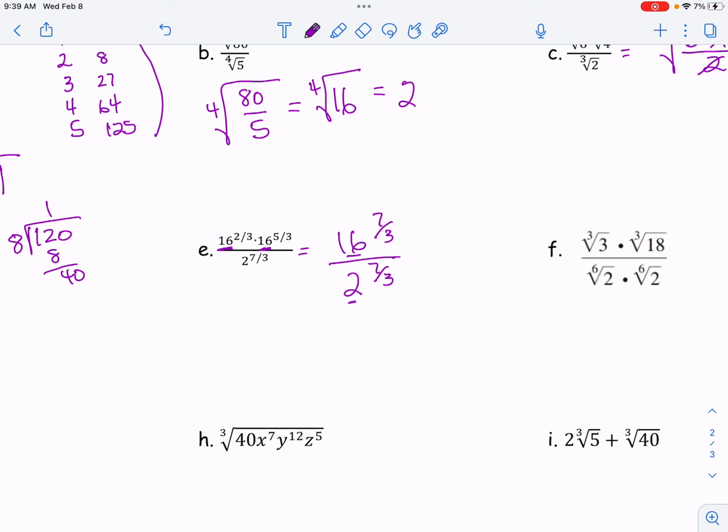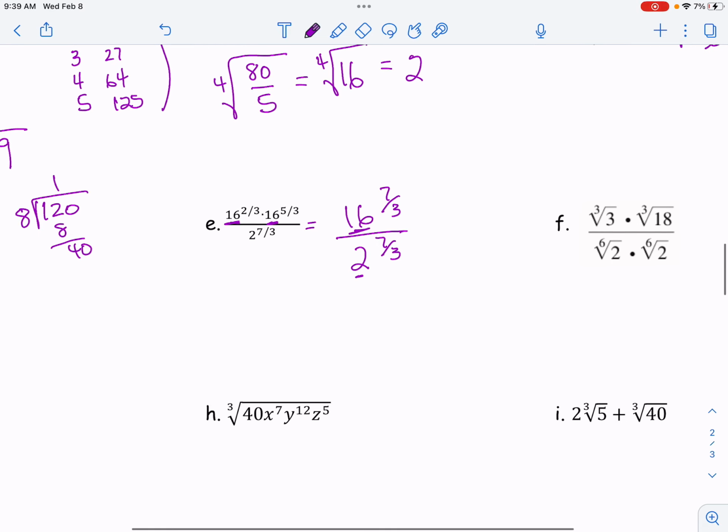This 2 and this 16 don't have the same base, but I can change it so that it's like bases. So anytime you don't have like bases, and if you can change it to like bases, we want to do that. So 16 is equal to 2 raised to the 4th power. So I'm going to come over there, and I'm going to change 16 to 2 raised to the 4th power.